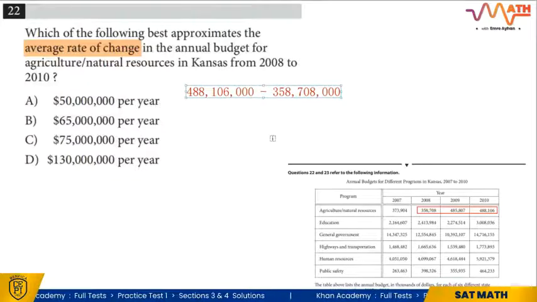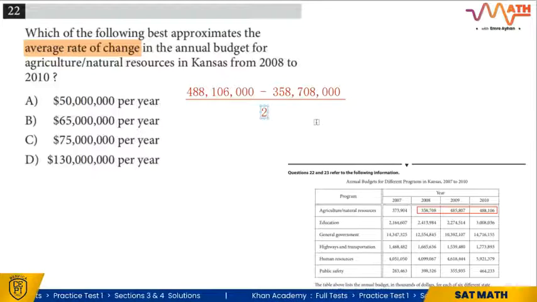Then I have to divide this by 2 to find the average. So it is equal to approximately, let's say, $65 million.